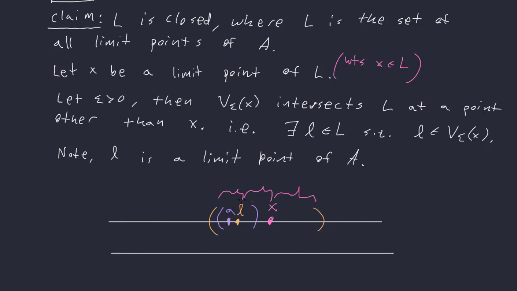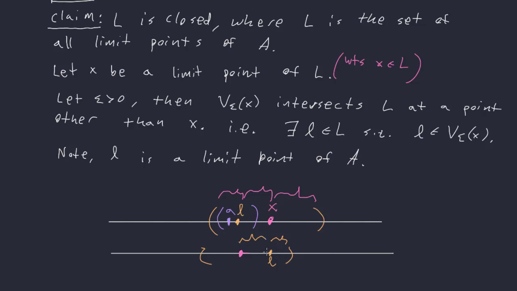The way it works here is I need to pick the smallest distance I can, and if l is on the other side of X, for example, then the distance between l and this endpoint is going to be less than the distance between l and X and l and the other endpoint.